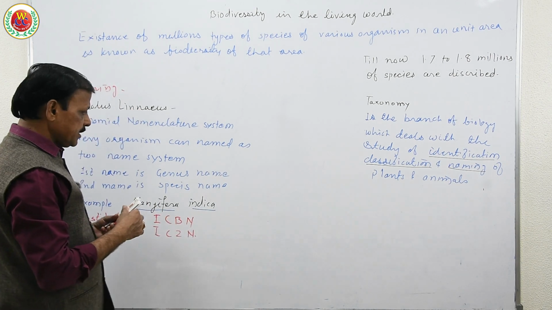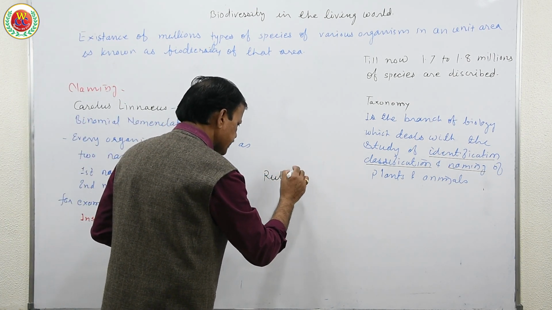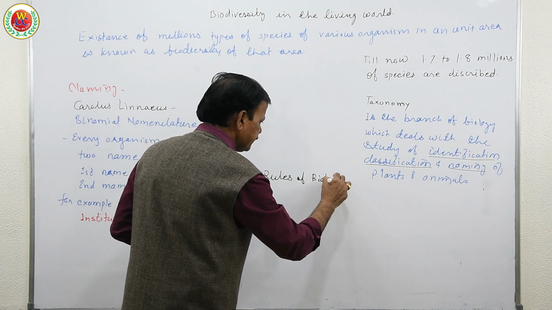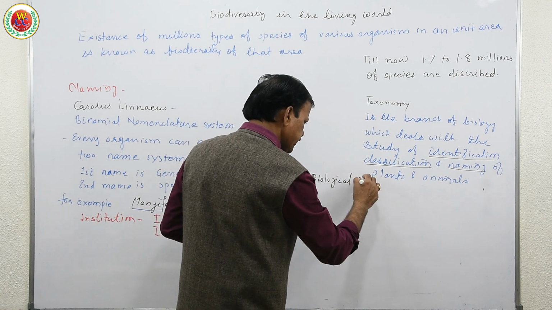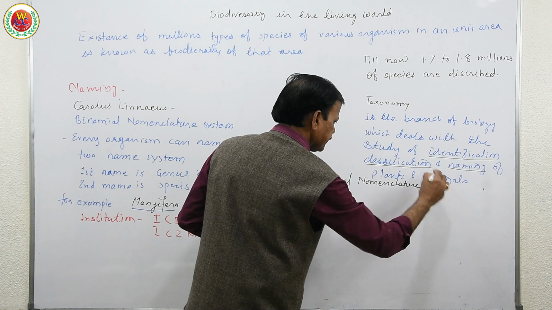So what are those rules? The rules of biological nomenclature, that is, scientific naming, are as follows.